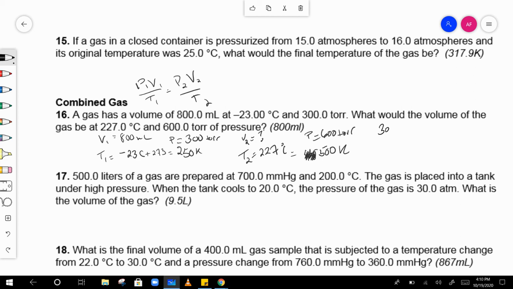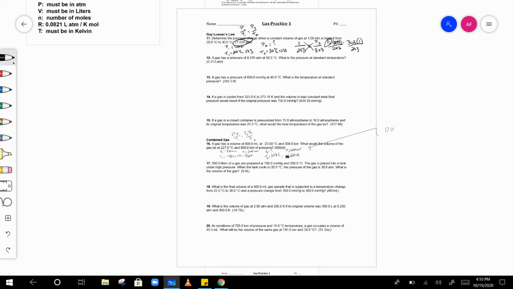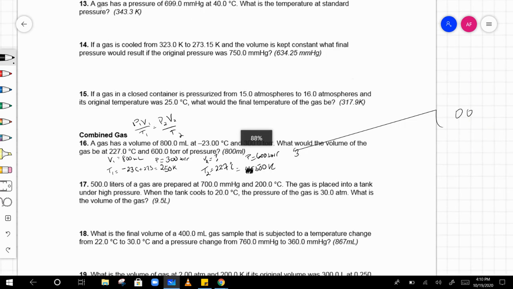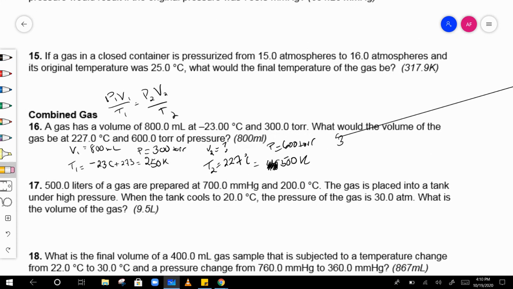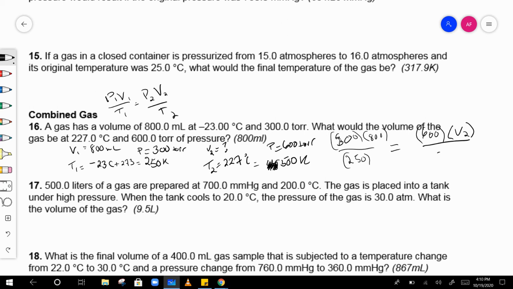So P1 is 300 times 800 over 250 equals P2, 600, times V2 over 500.